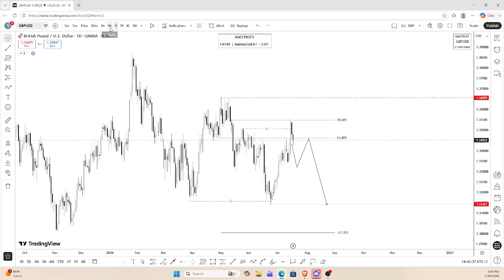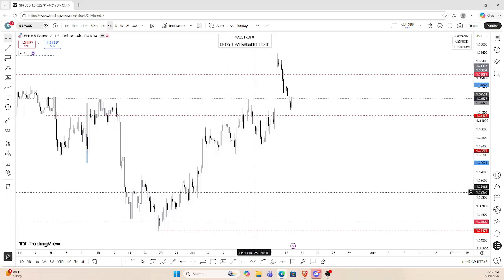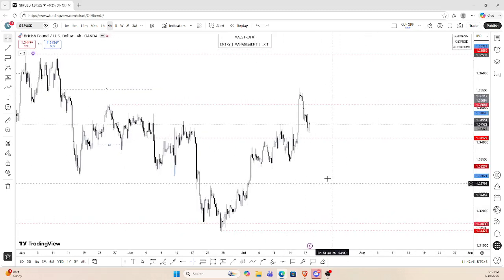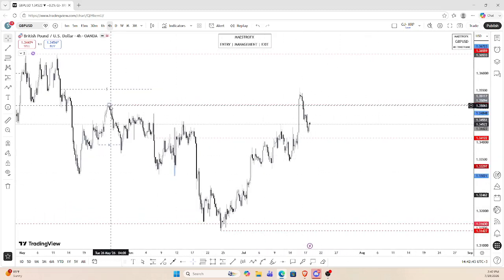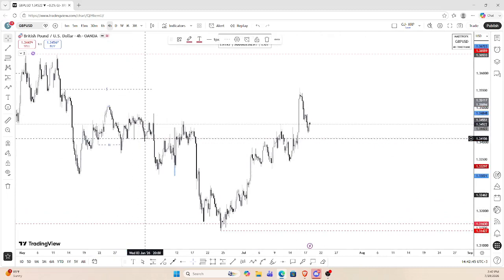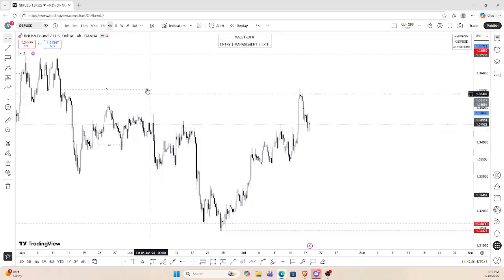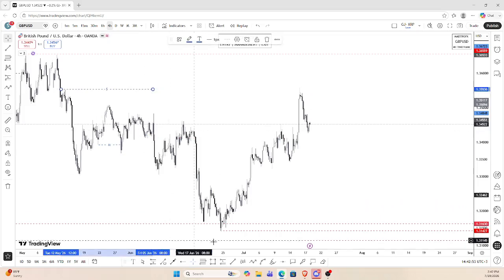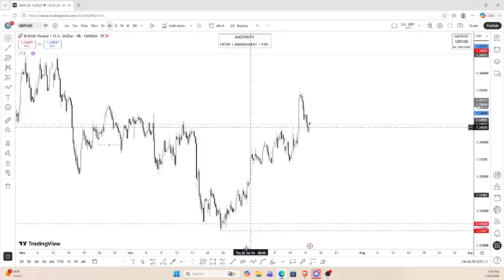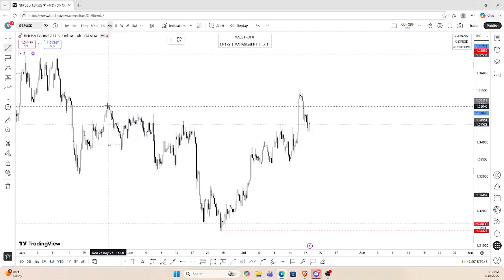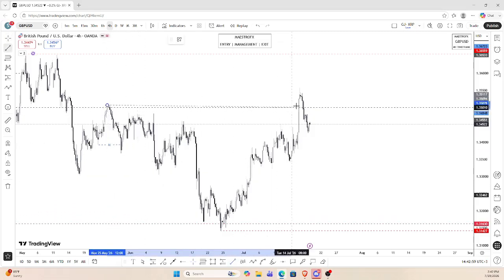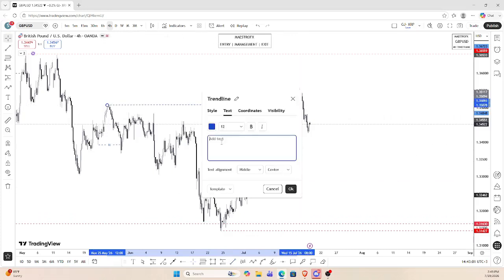And so let's head over to the 4-hour and look at what we have here. Let me do away with all these drawings. We can see that on the 4-hour, this is the last daily internal liquidity.